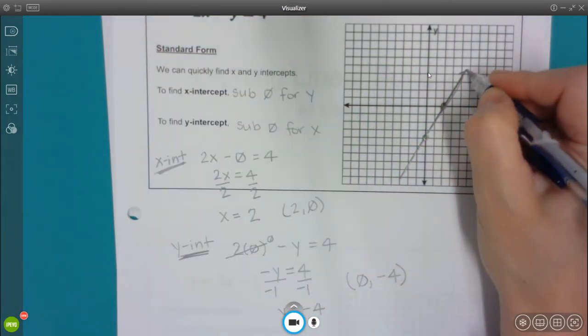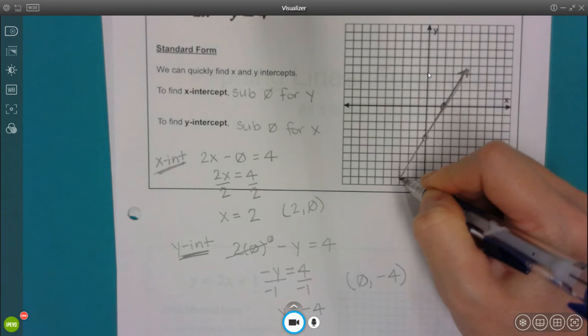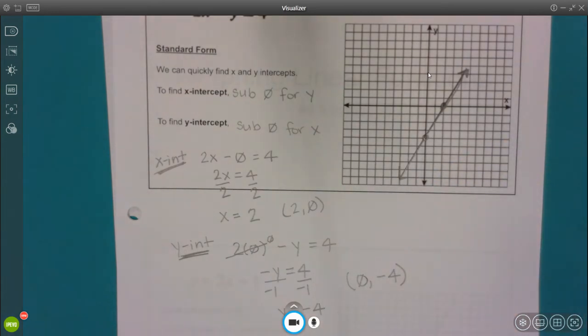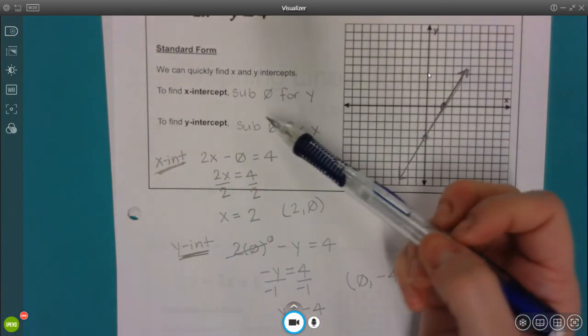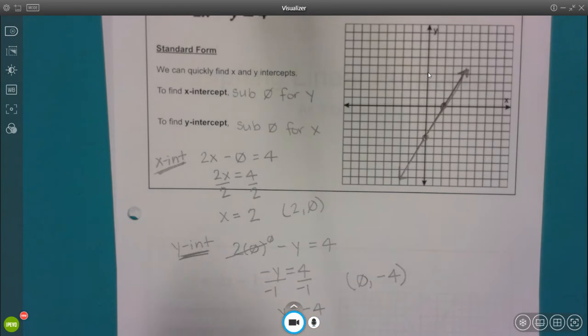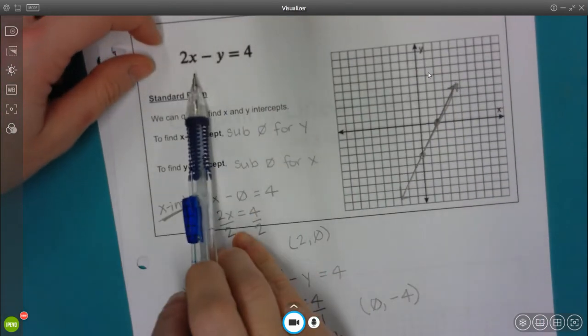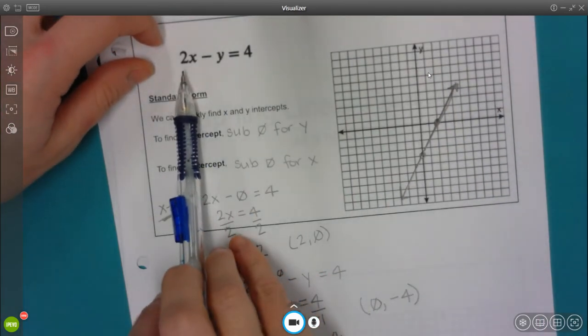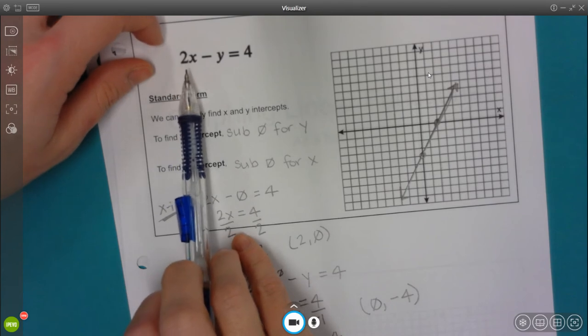And that would be my line from using standard form. Now, if for some reason, when I was substituting in 0 for x and 0 for y, my answer was a fraction, then what I would do instead is rearrange this equation to make slope-intercept form.